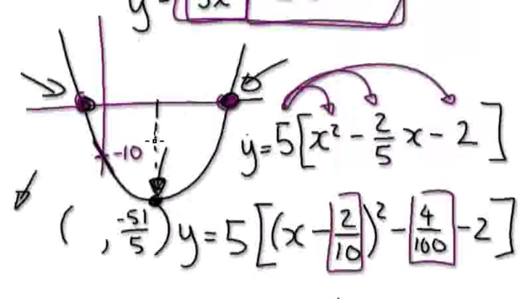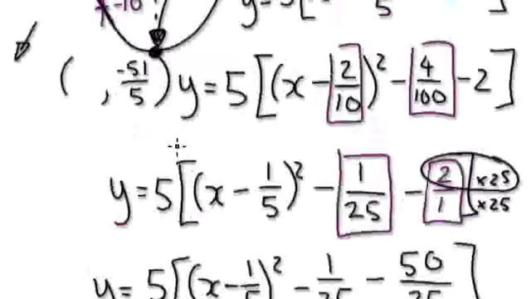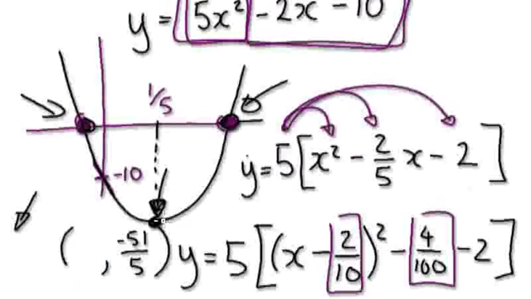So you see this bit here is actually 1 over 5. It's actually a fifth. So the coordinates here will be positive 1 over 5, comma negative 51 over 5. Okay, so there you've sorted out the 3 points.